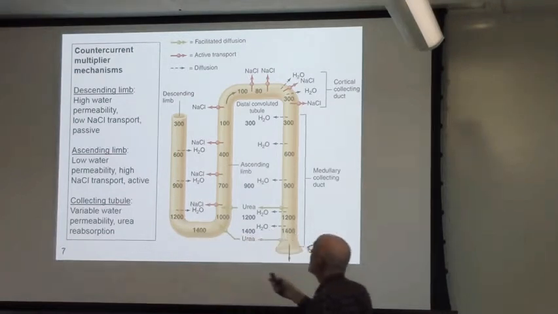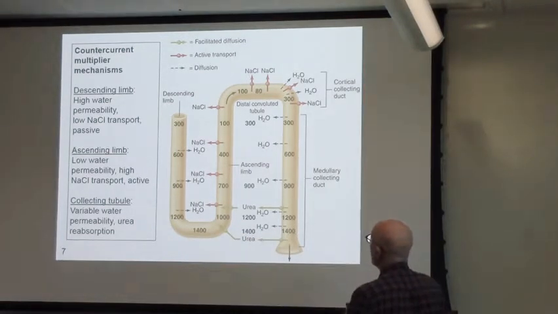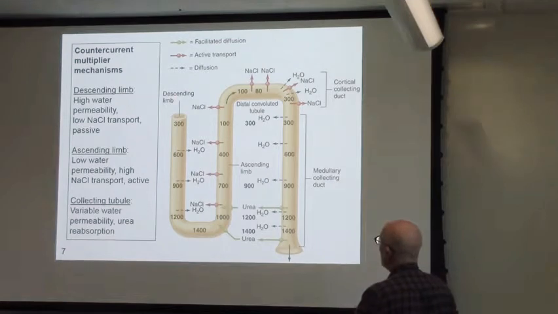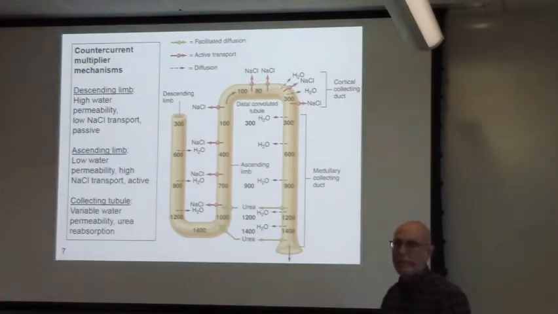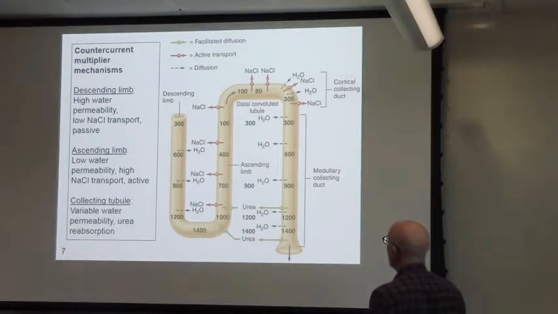Remember that fluid is flowing from the proximal tubule into the descending limb, and then it goes up the ascending limb into the distal tubule, and then down in the collecting tubule. So that's the flow of urine, or tubular fluid. Input here, output here.